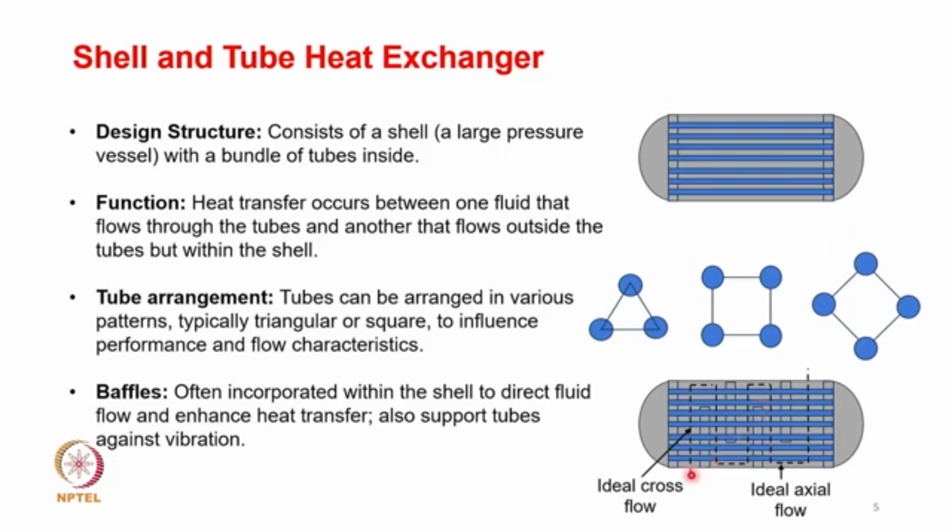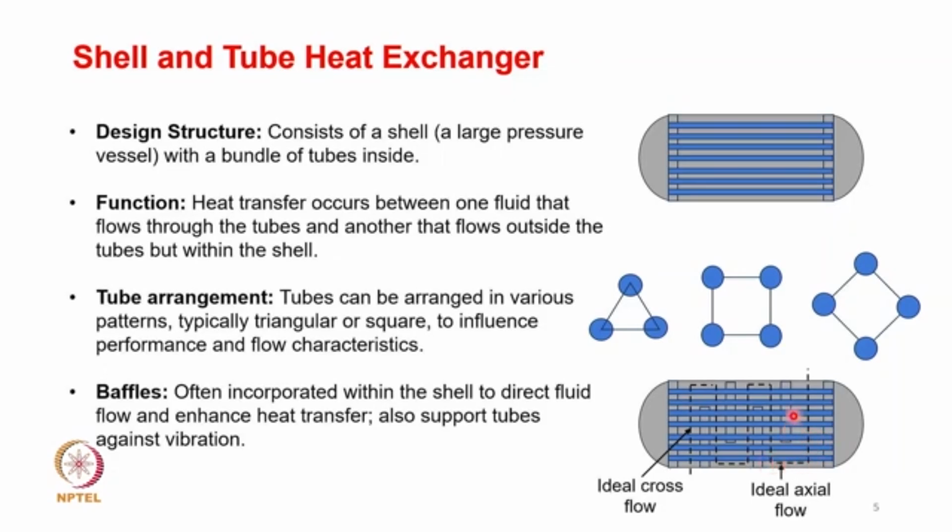When you install a baffle, you would see that there are two types of flow that could happen. This is the baffle and the fluid cannot go through it, so it will pass around it, which would result in a flow known as cross flow. And if you are here, between the baffles, it will go in an axial flow.